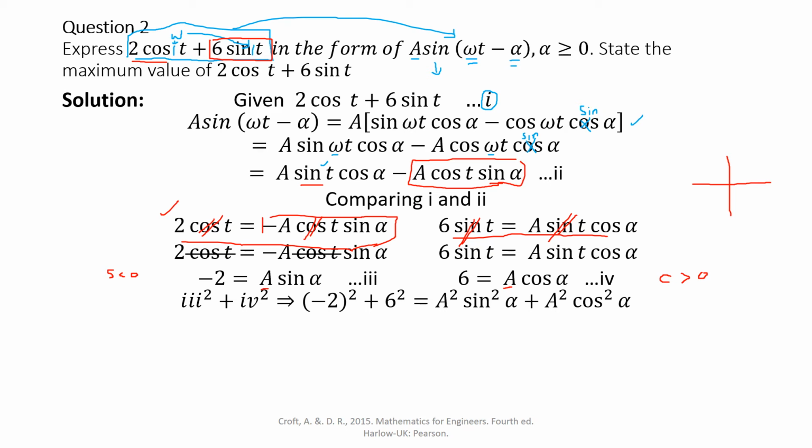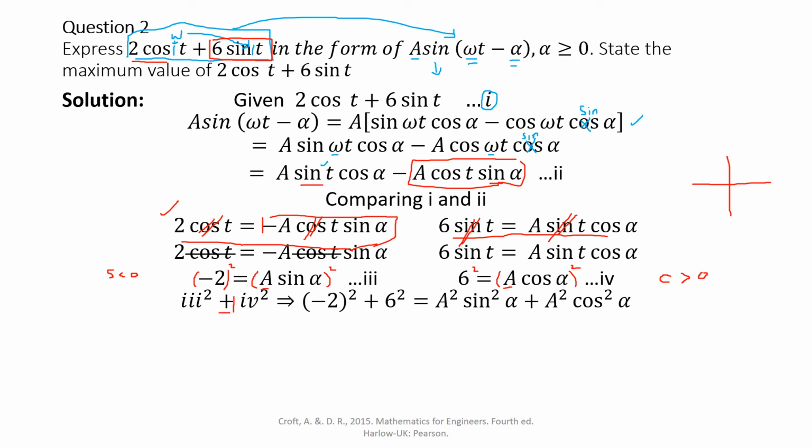So the square of -2 and the square of this side, the square of 6 and the square of the right side, and then adding them.